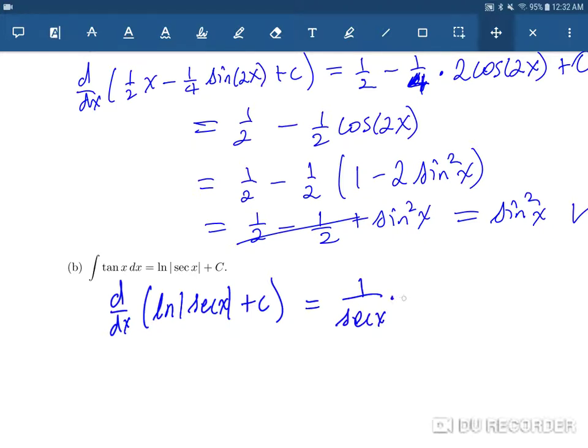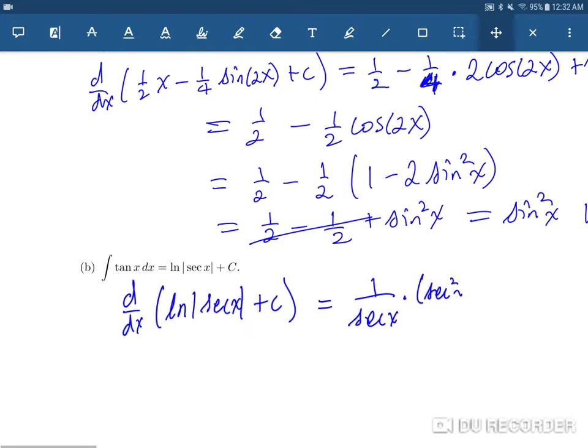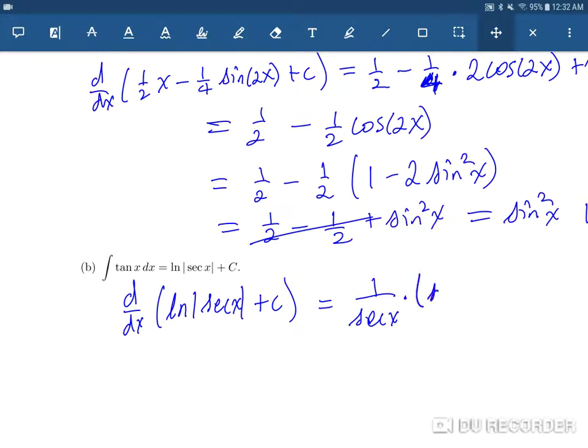The derivative of secant x is secant x times tangent x. Now the derivative of c is 0. So this secant cancels, so that gives us tangent of x, which is that expression here.